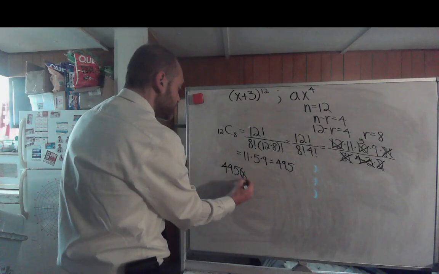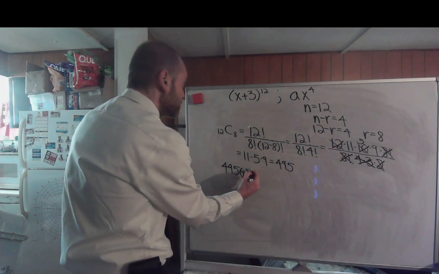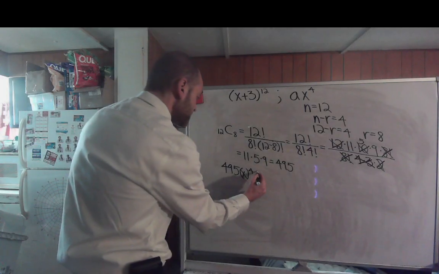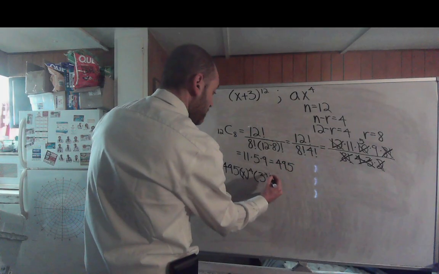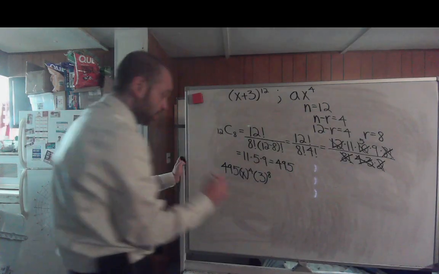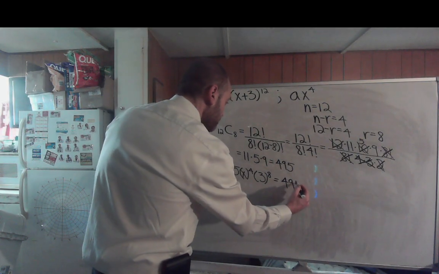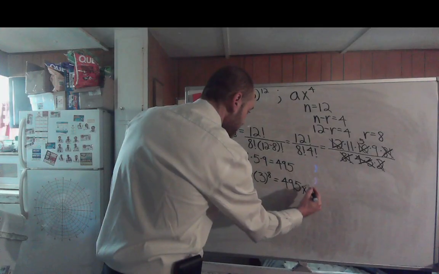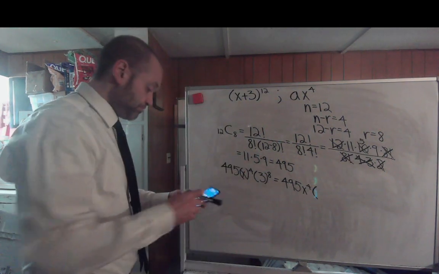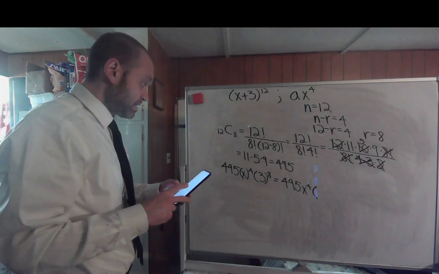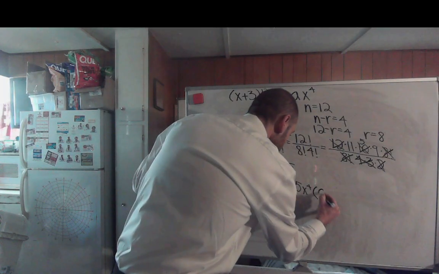In this case, it's just 1x, so x raised to the n minus r power, which we determined to be 4, times that 3 raised to the r power, which is 8. We could even say the x to the 4th at this point, but we need to take that times whatever 3 to the 8th is. So 3 to the 8th is 6,561.